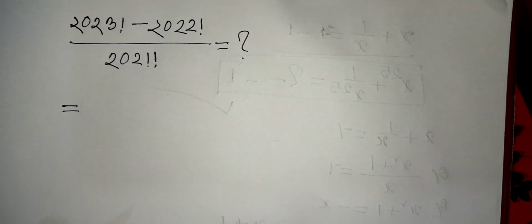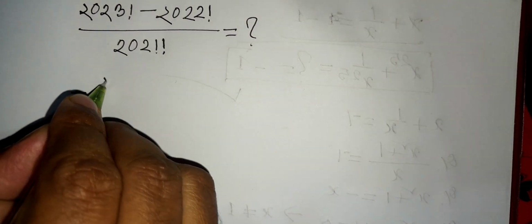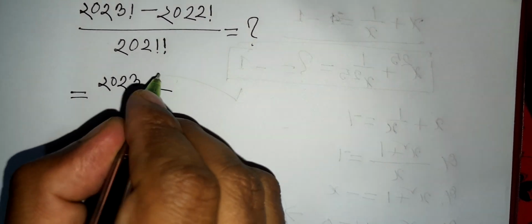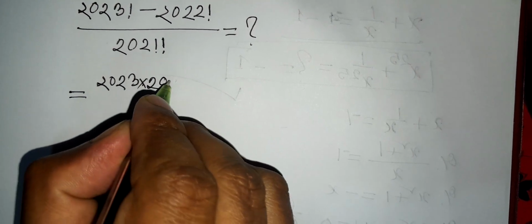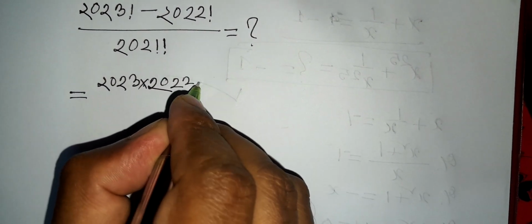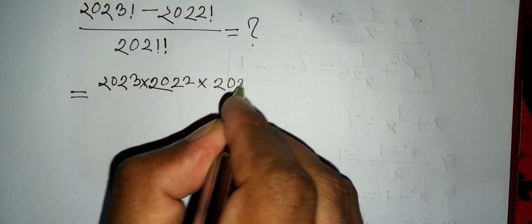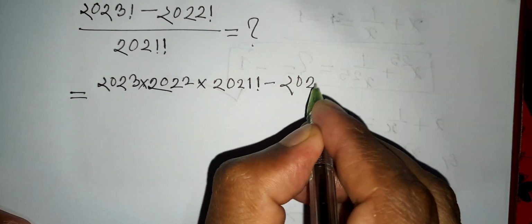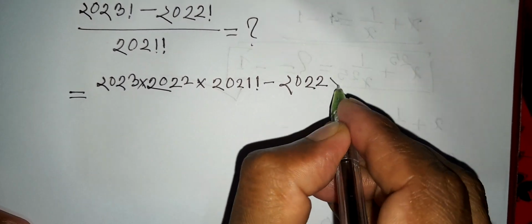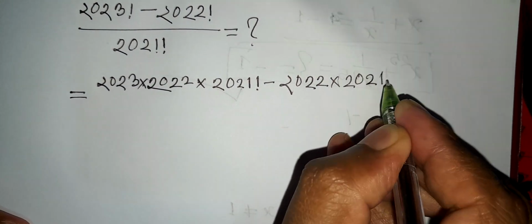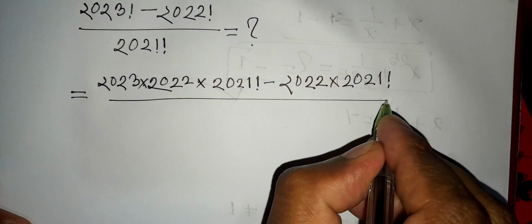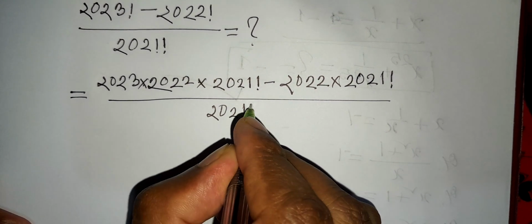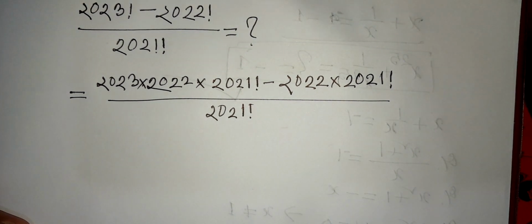Here we can write 2023 times 2022 times 2021 factorial, minus 2022 times 2021 factorial, all divided by 2021 factorial.